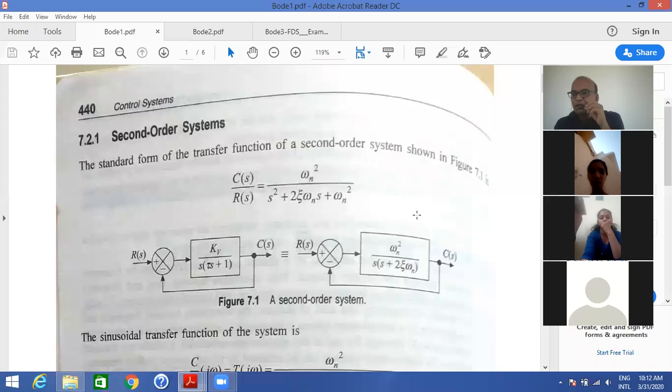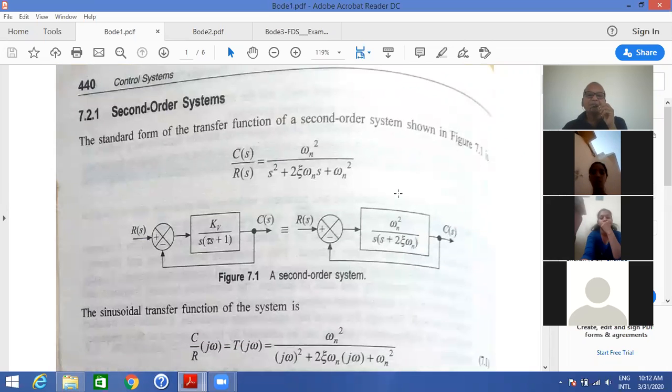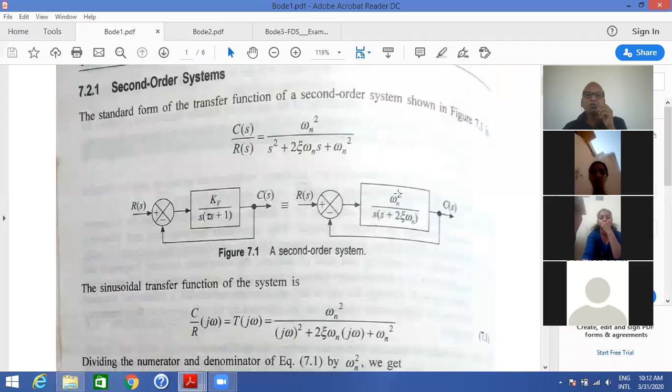And then consider the sinusoidal transfer function of the system as per the definition of the frequency response analysis, the relationship between the input and the output, and then you can calculate the magnitude and the phase. First, we convert the closed loop transfer function of the standard form into the sinusoidal transfer function of the system. The notes and PPT are already uploaded on the Moodle.